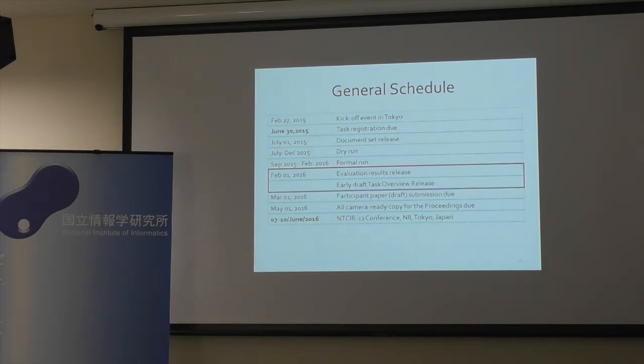February 1 next year, the evaluation results will be released to participants, and an early draft task overview will be released. March 1 next year, participant paper draft submission due.